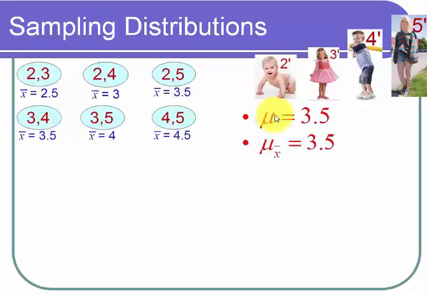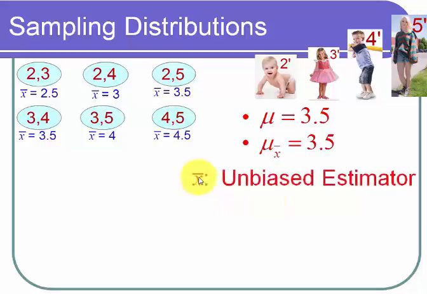So we saw with our little cute family of 4 kids that our population mean was 3.5. Our mu sub x bar, of course, was also 3.5. That's a good thing. That means, or what we're going to say, is that when we have this case, then x bar will be called an unbiased estimator. So that means that mu sub x bar was the same as mu.